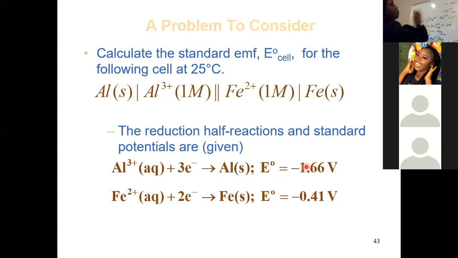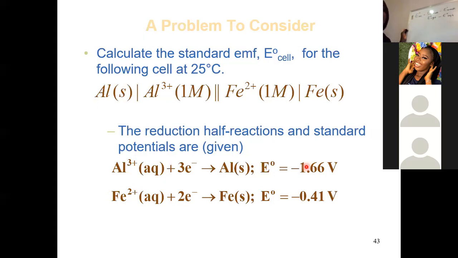Minus 0.41. Minus 1. So if you're saying that your E naught cell is equal to E naught cathode minus E naught anode, either you say that or you say E naught right minus E naught left, it is the same.